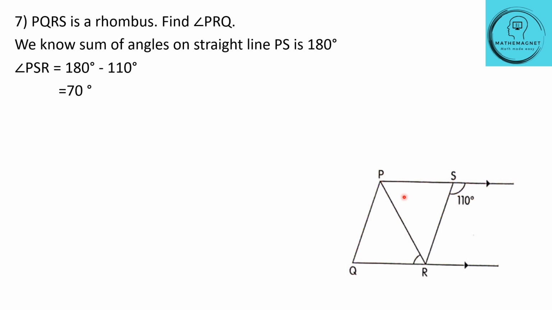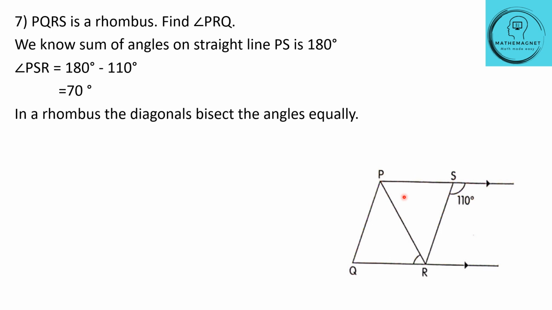The concept that we saw about diagonals in a rhombus in an earlier problem, we'll apply that here. In a rhombus, the diagonals will bisect the angle equally. So the angle PRQ will be equal to PRS, because the diagonal will bisect this angle equally.